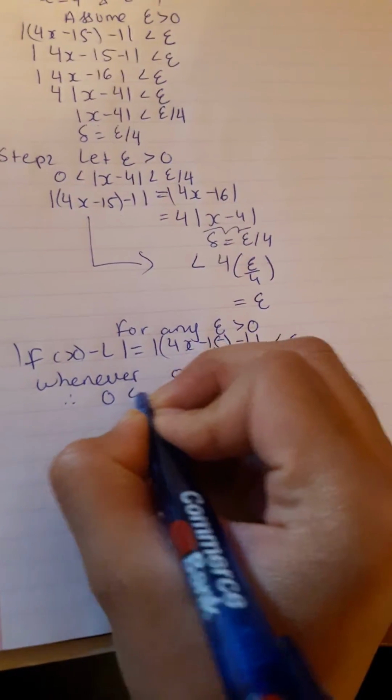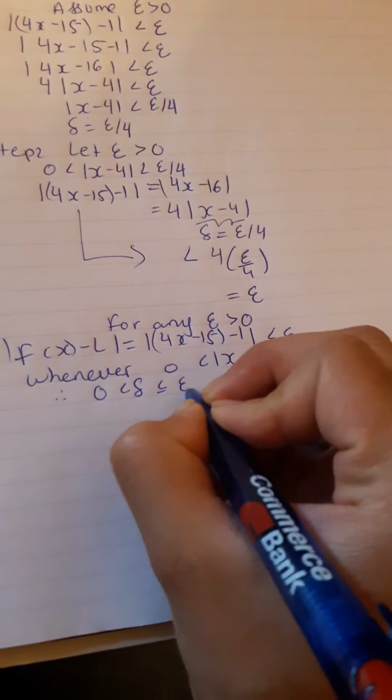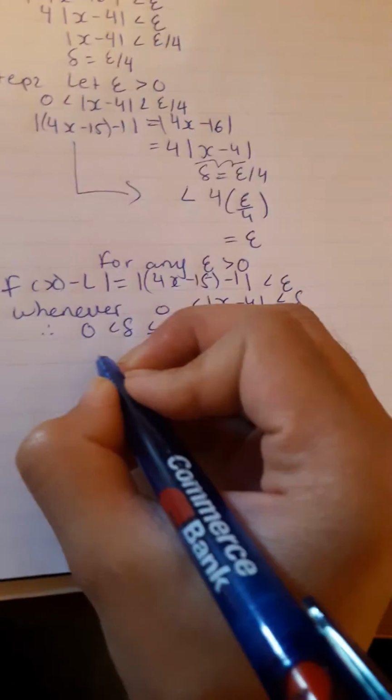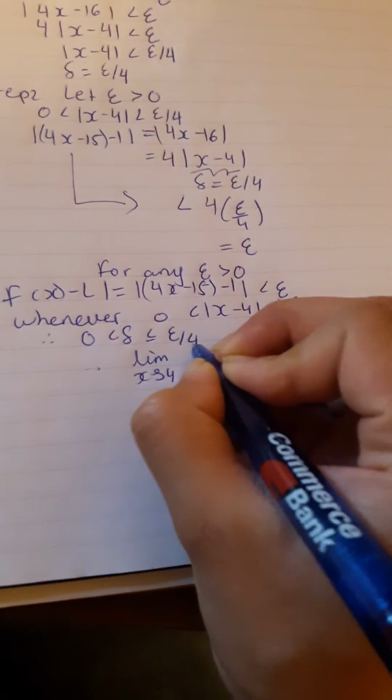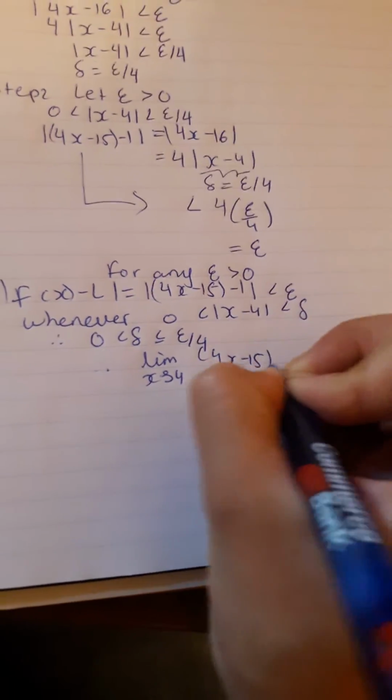Therefore, we have 0 less than delta less than or equal to epsilon over 4 as a condition for this. Therefore, the limit as x approaches 4 of 4x minus 15 equals 1.